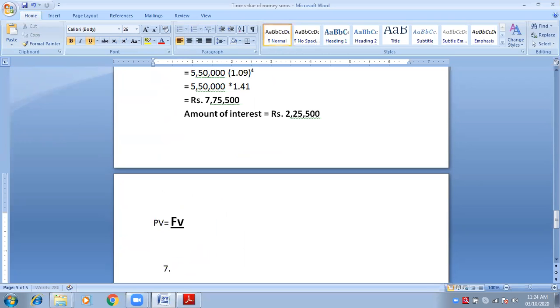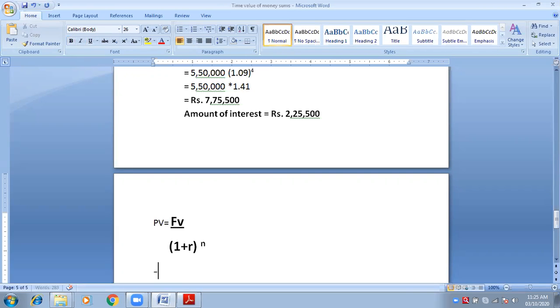So it is future value divided by bracket 1 plus r bracket close raised to n. Is it clear?